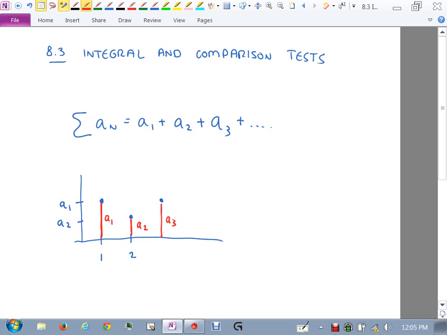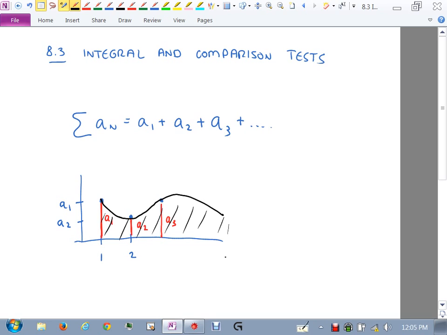Well, the integral test says that if you can look at your sequence as a function of real variables instead, then the function that would connect your dots together, right? The area underneath that should be what? Bigger than your sum? Right? If I add up A1, A2, A3, that would be smaller than taking that entire area, wouldn't it?